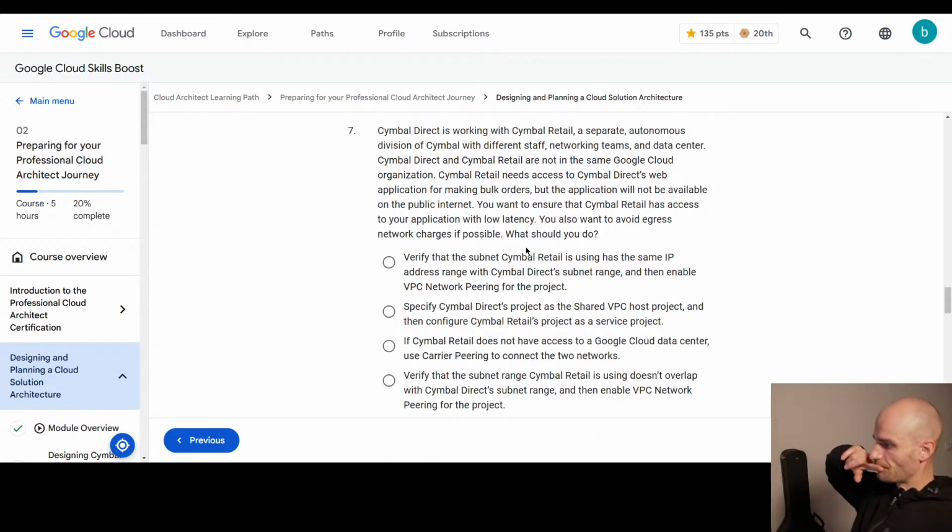Wow. Okay, so for sure here we need to expose an API through some type of internal networking. Verify that the subnet Symbol Retail is using has the same IP address range as the Symbol Direct subnet range.